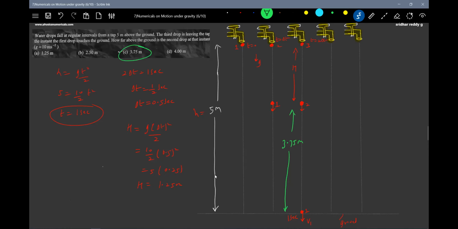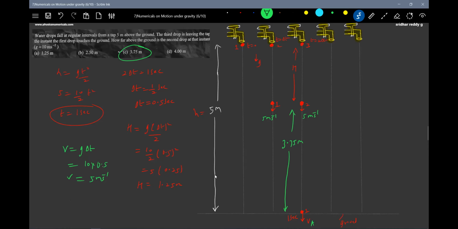Now with what speed will it be moving? Can we calculate the speed of this? Five meters per second. Call this V1, VA we will call it.